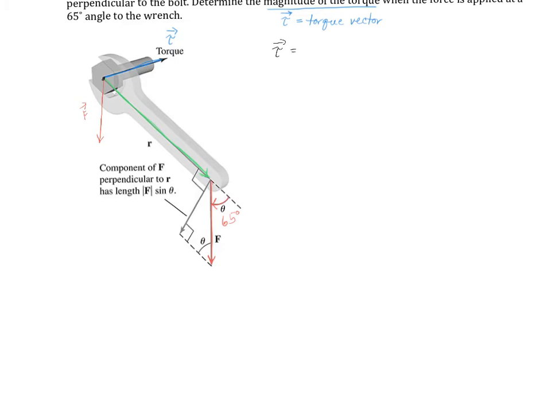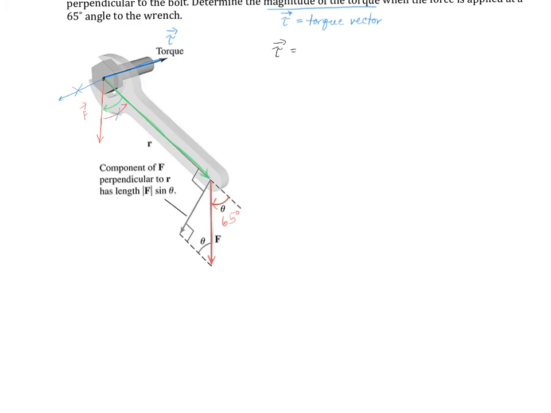Remember, order matters. If we bring our vector R down to our vector F, then it will give me the correct direction on my torque vector. If we bring F into R, imagine curling your fingers around, that will give me a vector pointing in the opposite direction, which is not what I want.